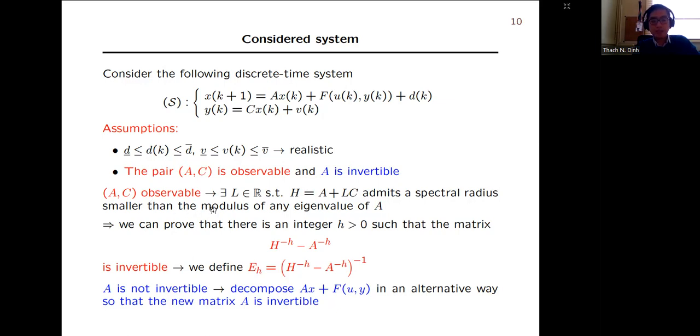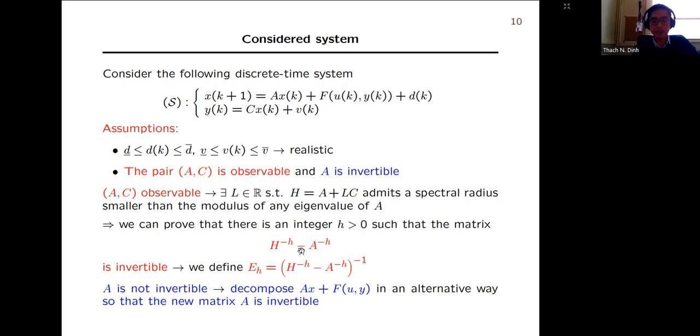Since (A, C) is observable, there is always a matrix L such that the matrix S equal to A plus LC admits a spectral radius smaller than the modulus of any eigenvalue of A. So we can prove that there always exists an integer S such that the matrix S power minus S minus A power minus S is invertible. The proof is given in the paper.